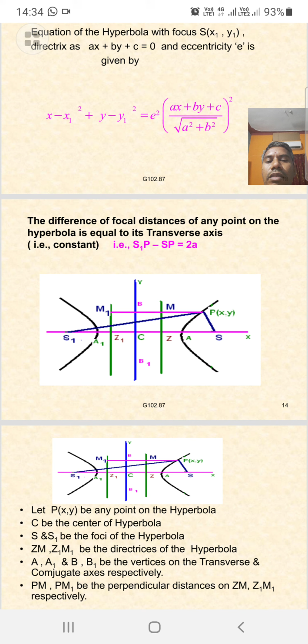SP and S1P are the focal distances. Focal length and focal distance are the same, and the difference of the focal lengths or focal distances, S1P minus SP, equals the length of the transverse axis, that is 2a.